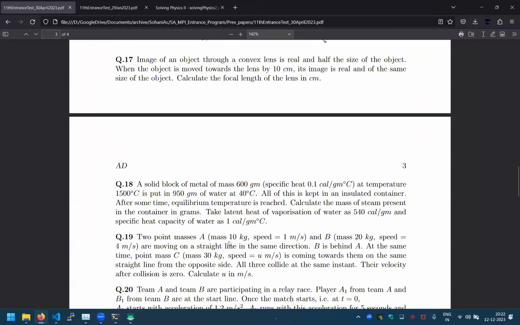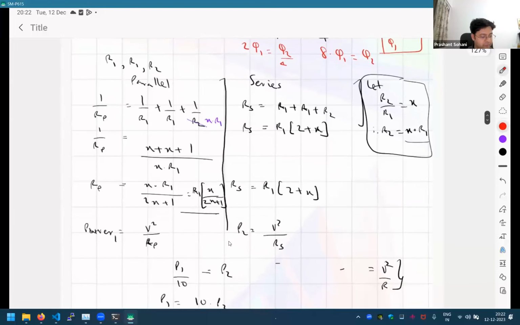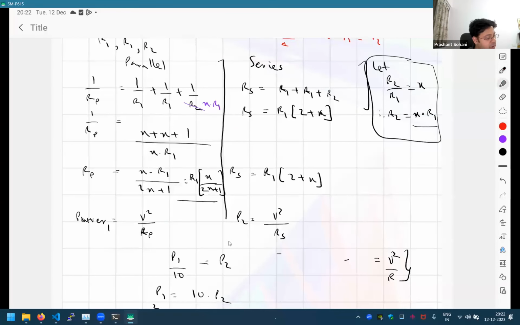Okay. So again, going through the steps carefully, what we did first, what we did next. We started by first calculating the parallel and the series resistances. So we found the value of RP and RS. And to simplify our calculation, we took everything in terms of the ratio. We use this X, right? Otherwise, everywhere R1, R2 both will come and how to cancel them.